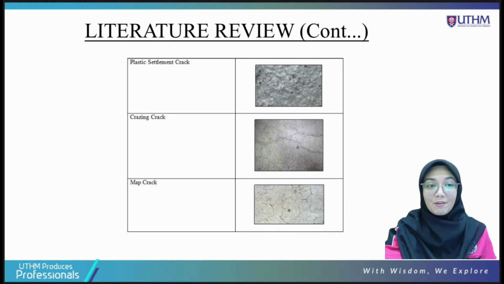This form of cracking is caused by insufficient curing, too wet mixing, finishing when bleeding is still present, and chemical reactions like carbonation, where the carbon dioxide reacts with the cement. Finally, the map crack. It is known as a pattern crack.